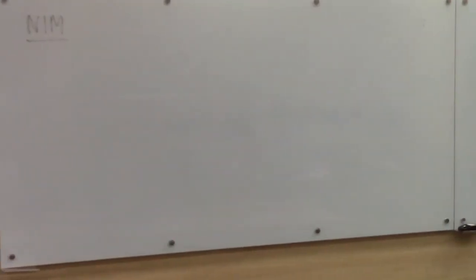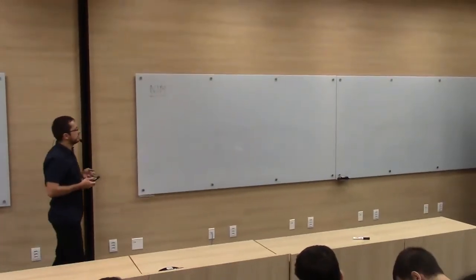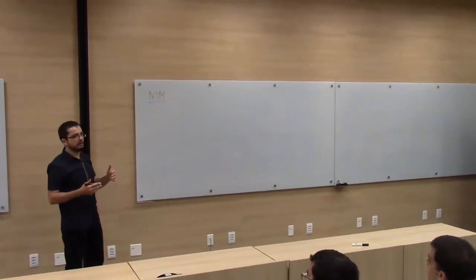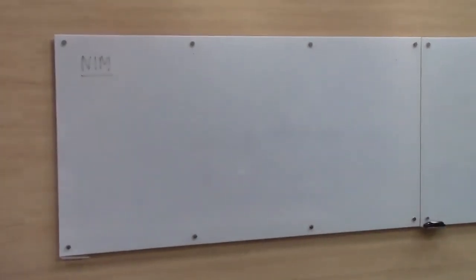I think most of you should at least have heard about Nim, because it is the main foundation in combinatorial game theory. So basically, this game is between two players.